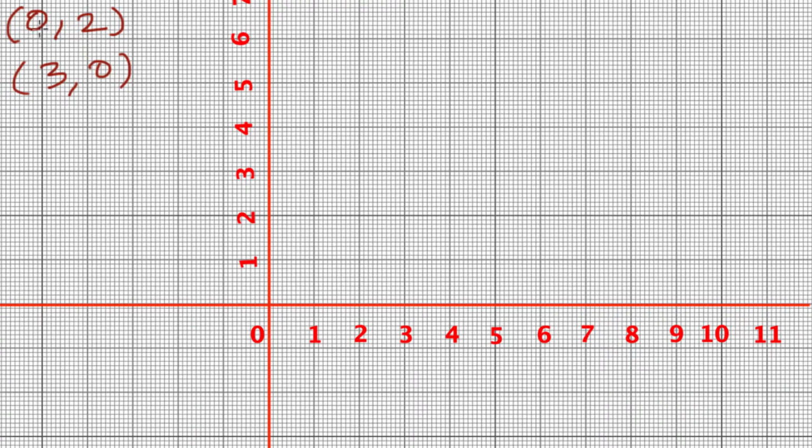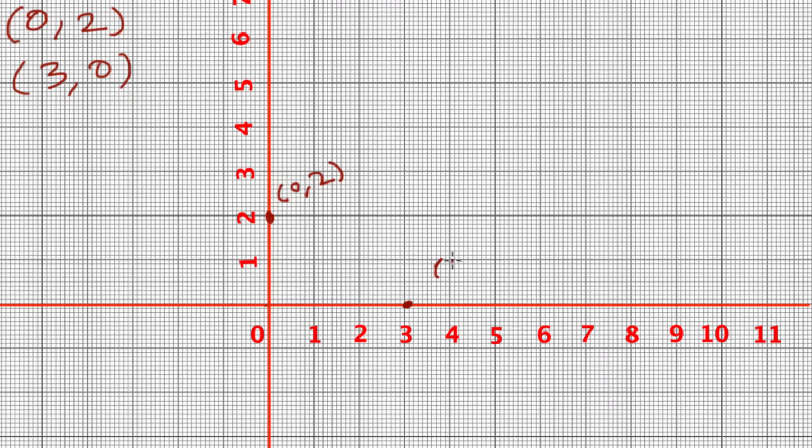So first, in order to plot (0, 2), let's start at 0. That's your x coordinate and your y is 2. So this is your (0, 2). Next you need to plot (3, 0). So x is 3. On the x axis you find 3 and your y is 0. So this is a point on your x axis.